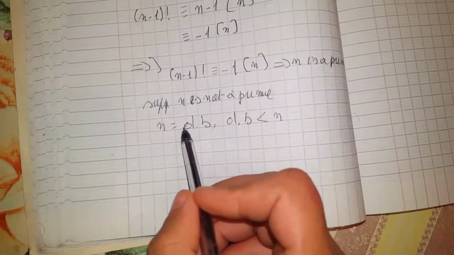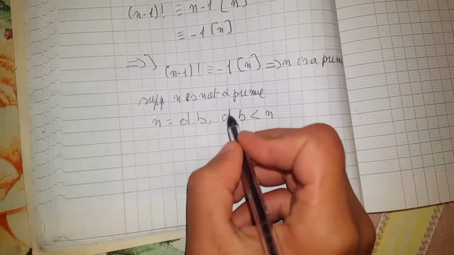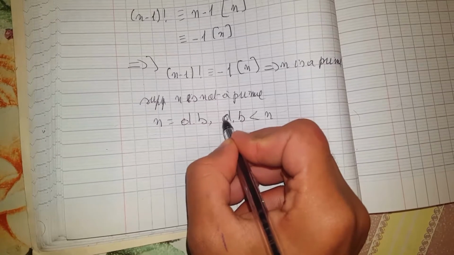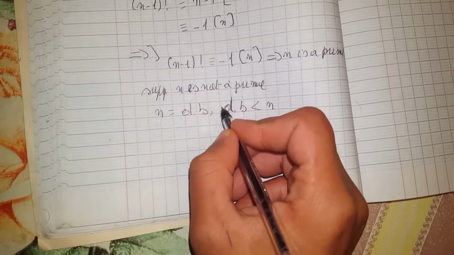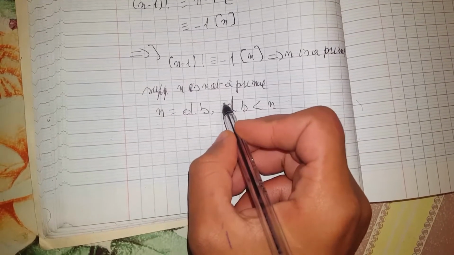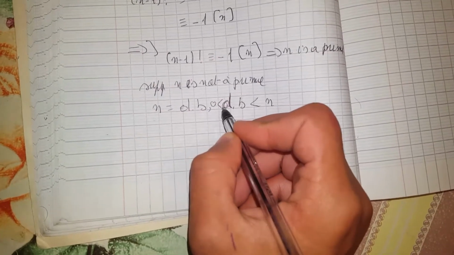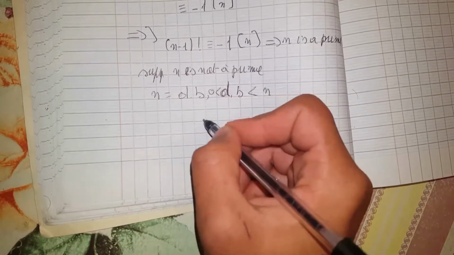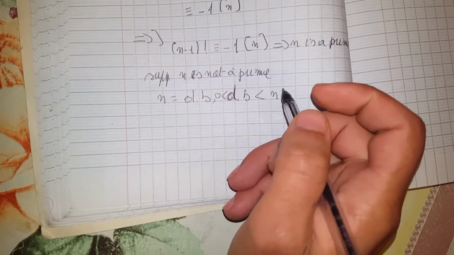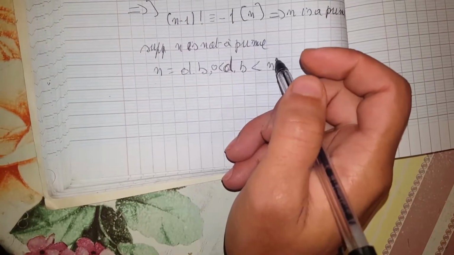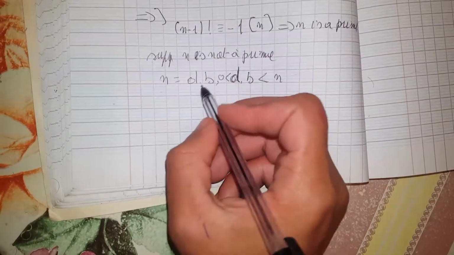I will suppose that d and b are positive, and after that I will suppose that they are negative, but it's the same proof.